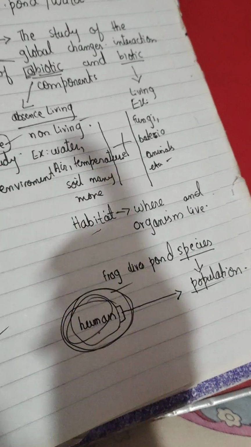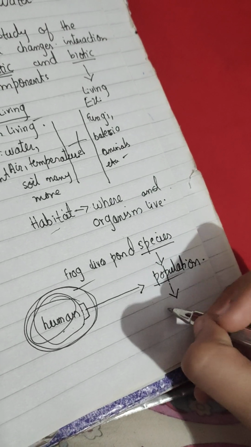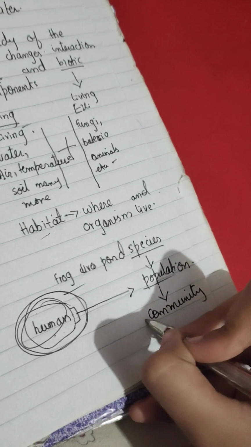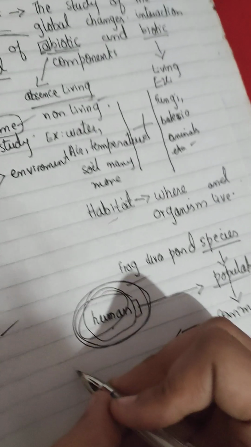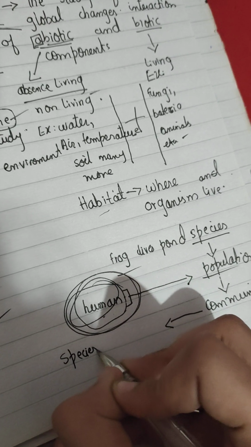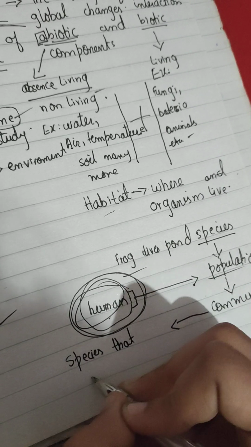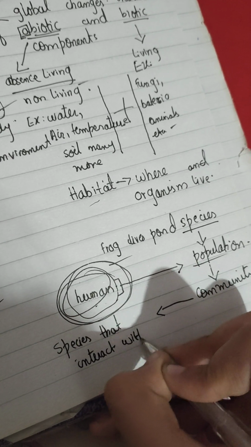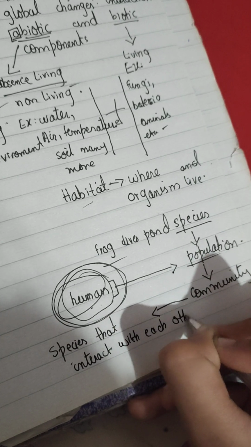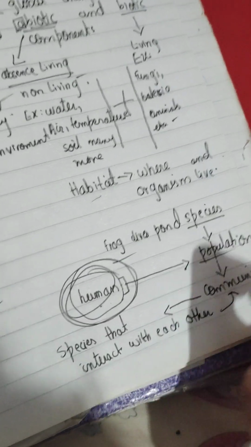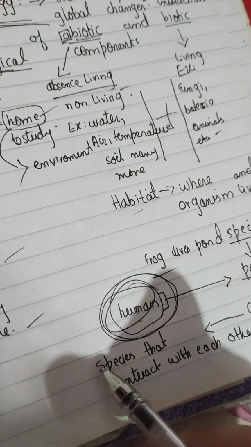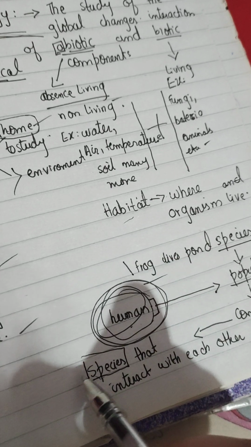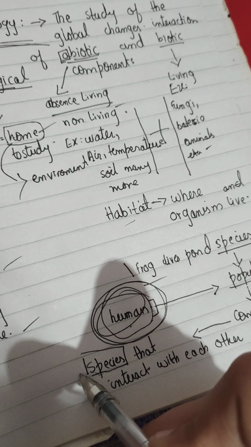Going to the next level, populations then become a community. What is a community? The species that interact with each other form a community. Here the species will be different. Like we took the example of frog, here we take the example of deer and lion.